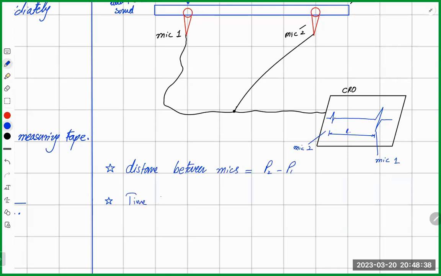Time taken for sound to move from P1 to P2 is observed and measured from the CRO.